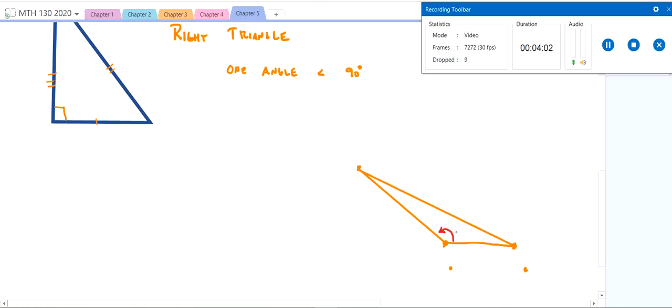Okay, if you draw a triangle where one of the angles, in this case this one, angle A, is greater than 90 degrees, we call this an obtuse triangle.